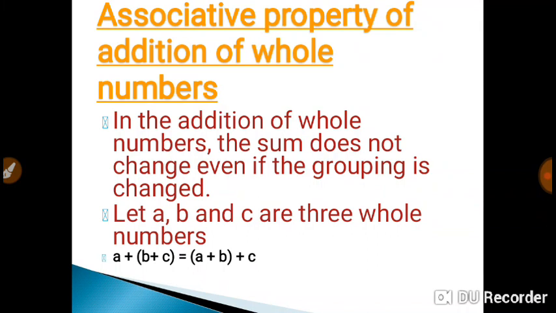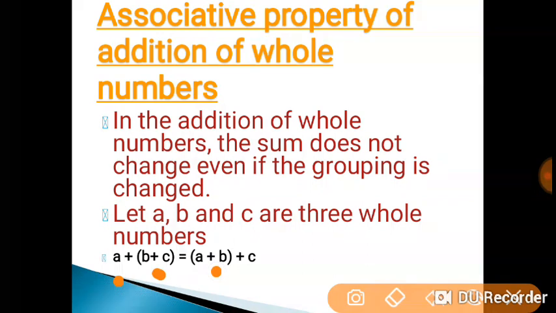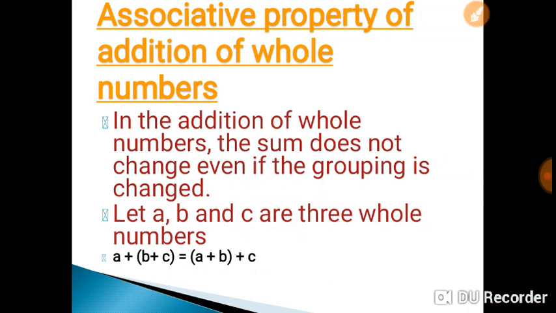Consider 3 whole numbers A, B and C. If you have to add them, first you can add any 2 whole numbers, for example B plus C. When you add B plus C, the sum will be added to A. Or there is another way of addition in which you can add A and B first, and to the sum you can add C. So according to associative property of addition of whole numbers, both the sums will remain the same.